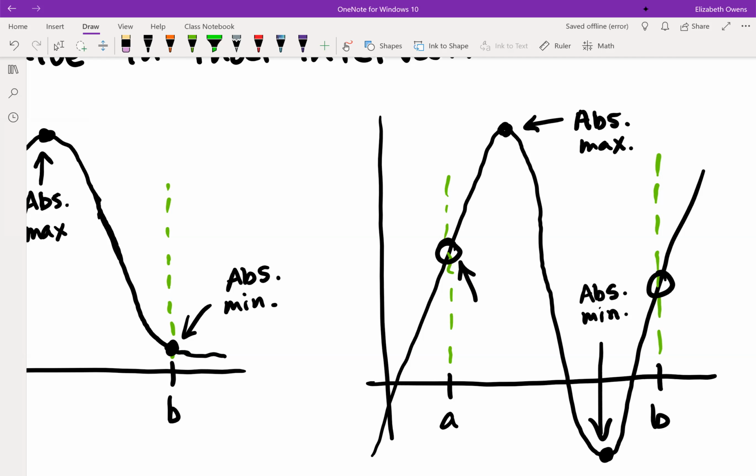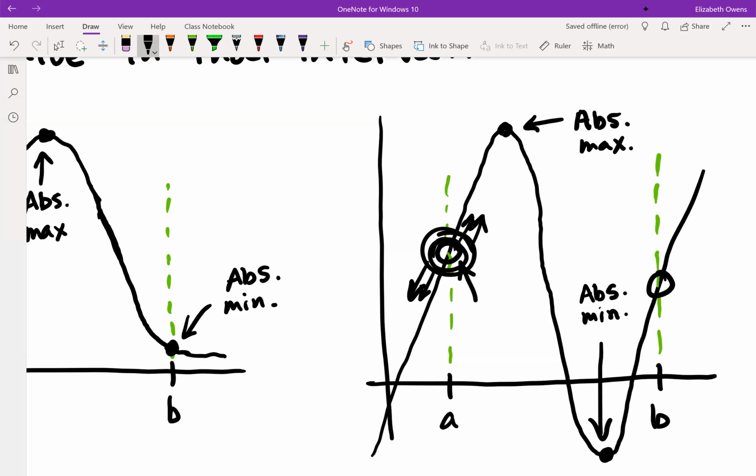If you look at this part of the function, it's higher. If you look this way, this value is lower than the ones to come. If you look backwards that way, this circled value is higher than those.